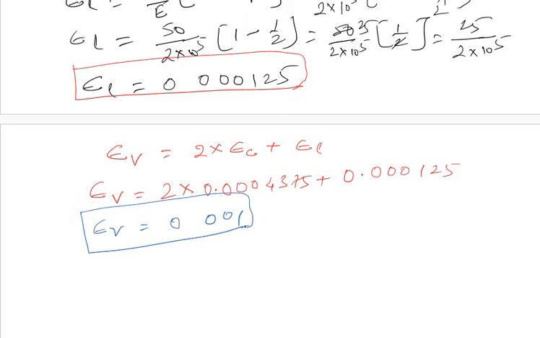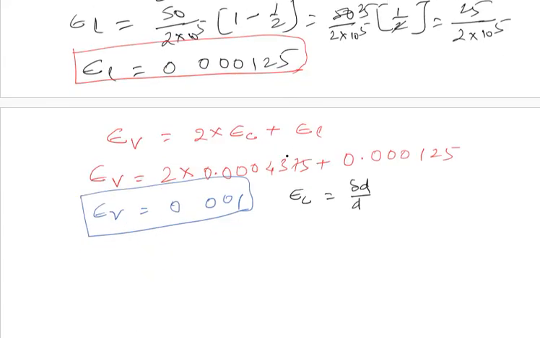Now we know that epsilon C is equal to del D by D. Here we have to calculate the change in diameter, change in length, and also change in volume.